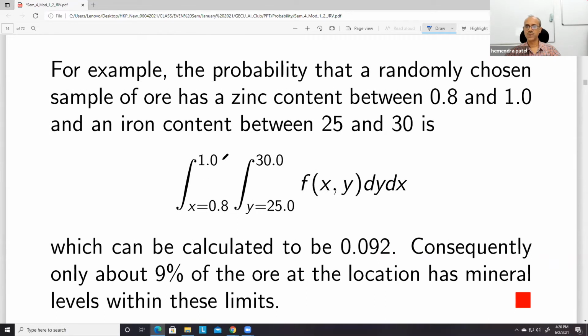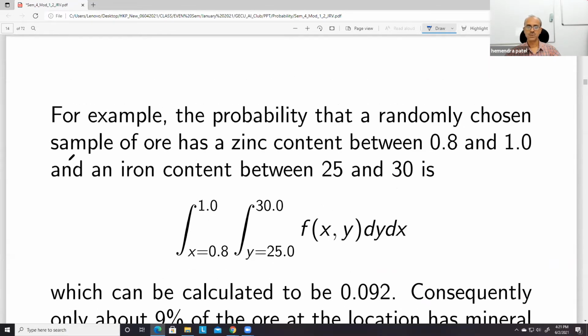So for example here, a randomly chosen sample of ore has a zinc content between 0.8 and 1.0 and an iron content between 25 and 30.